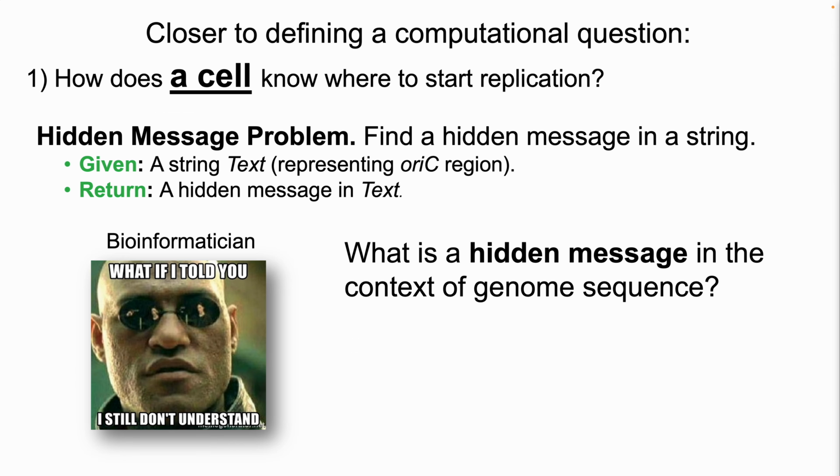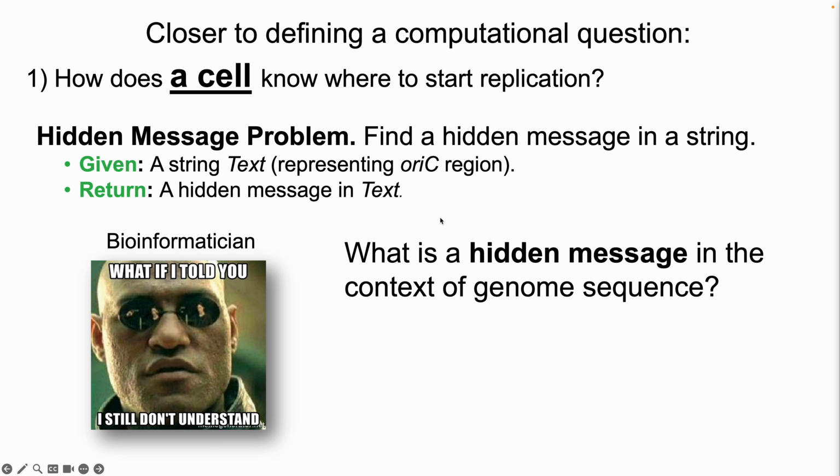So we're getting closer to defining a computational problem. The hidden message problem now is: how do you find a message in a string? If we have a string of text representing the ORI region, a DNA string, return a hidden message.